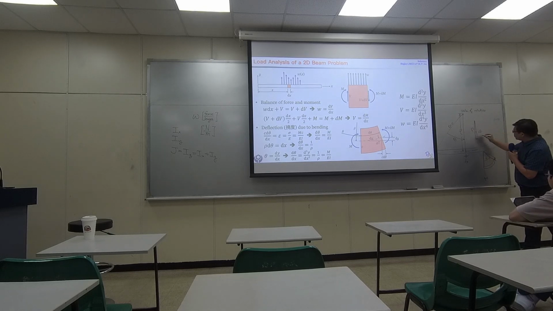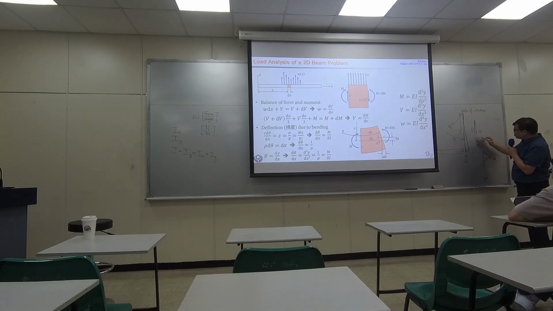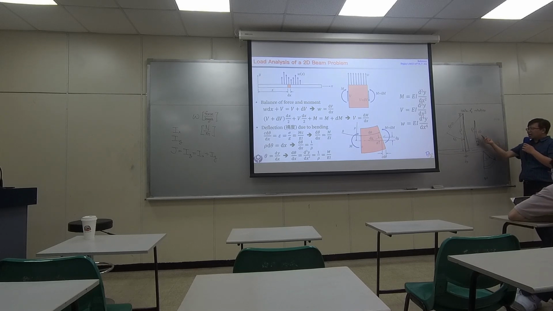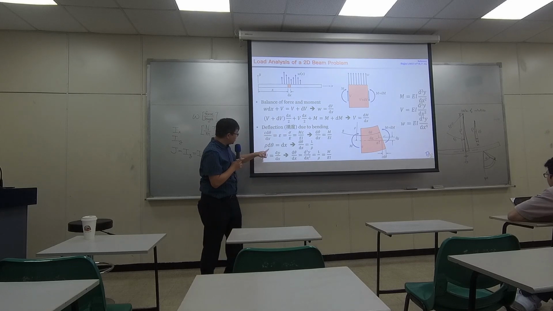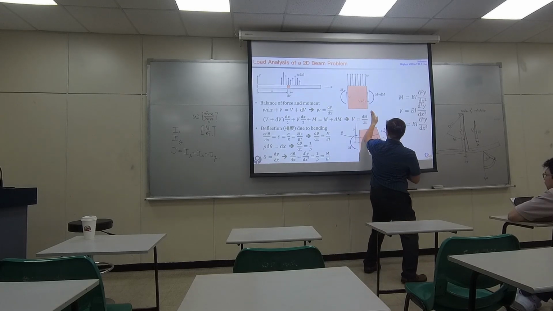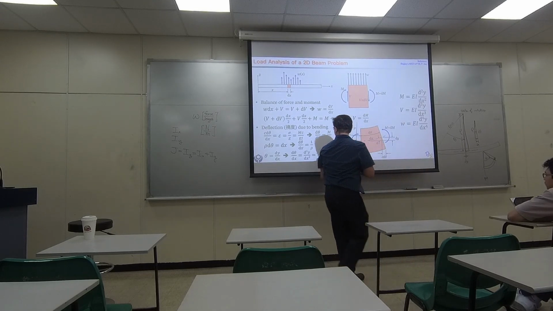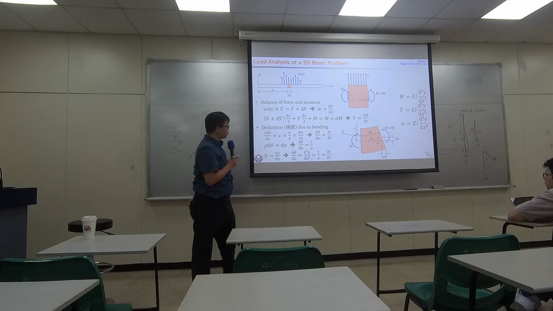This is rho, this is dx, right? A very tiny, small piece of pie, a very thin pie right here. The radius is rho, the angle increment is d theta, and the arc length is dx. So you have rho times d theta equals the arc length dx. Now you can get d theta over dx equals 1 over rho.